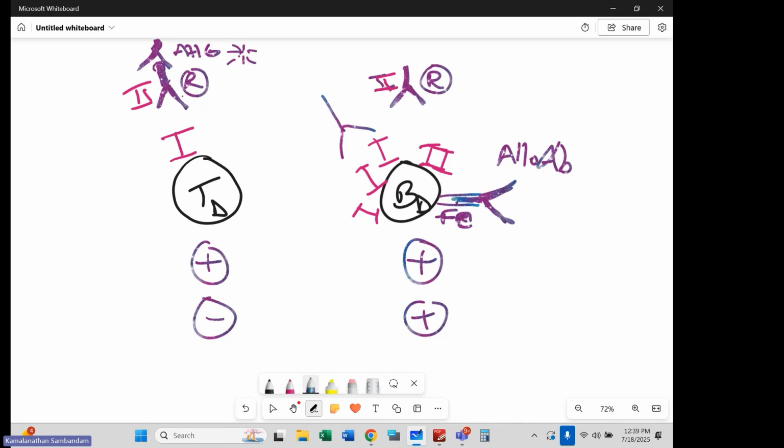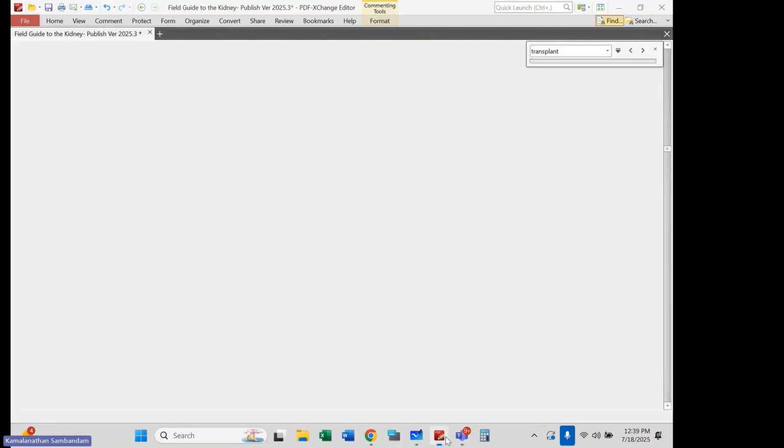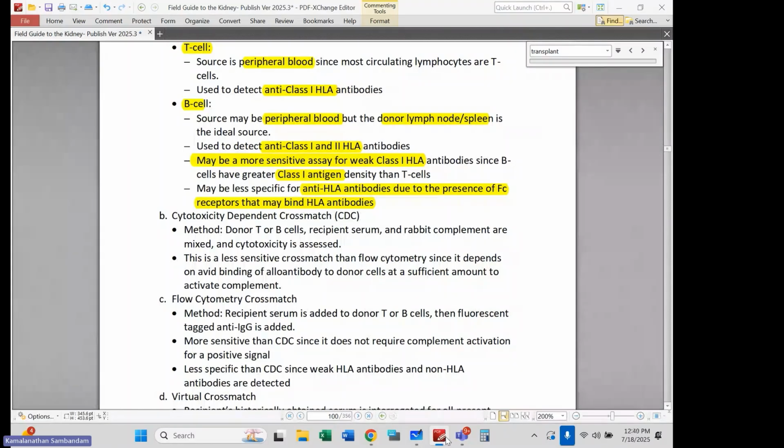We just have to be heavy-handed with our thymo and our calcineurin inhibitor levels, and we're not going to do a steroid-free protocol in this individual. Or it may be surmised that this might be a false positive B cell crossmatch, and so we can still go.